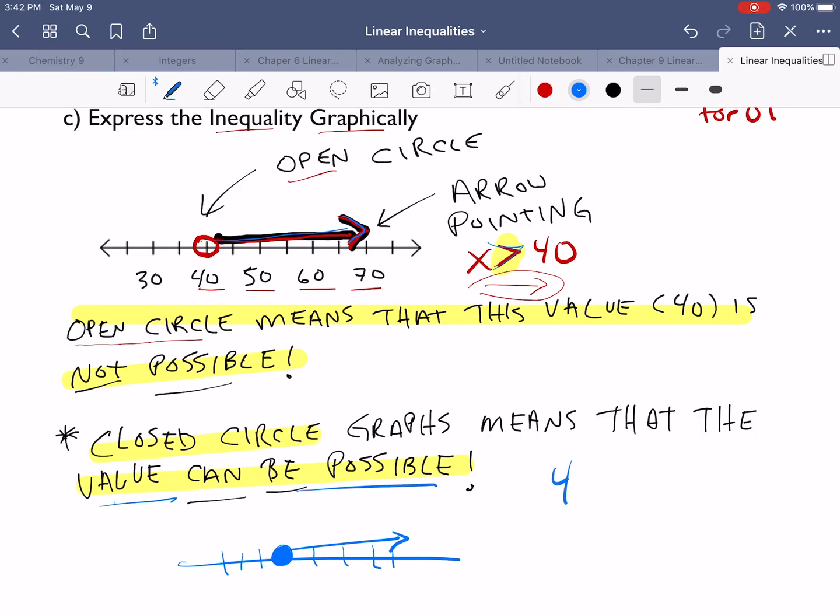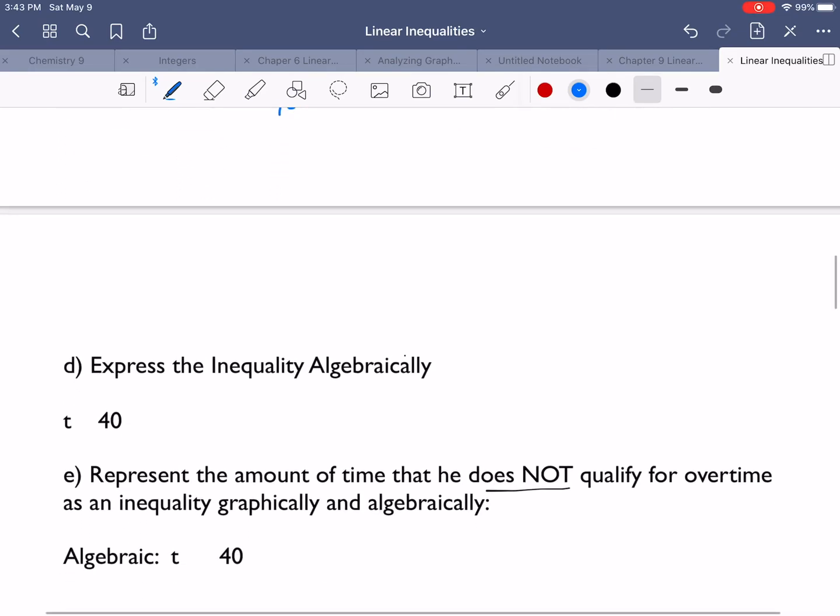If he works 40 hours, he doesn't get paid overtime. So that's why in our example up here we did not color in the circle. But if he did work 40 hours and got paid, we would color in the circle because that would include the number 40. So a circle means that you're including the value, and no circle means you're not including the value, but it could be anything after that.